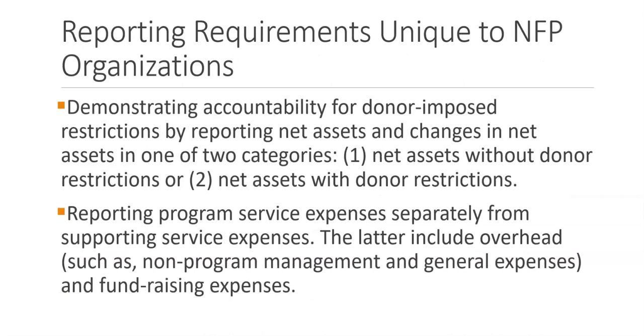They also have to talk about donor-imposed restrictions. So when people donate money to an entity, they can say that it's for general purpose without restrictions, or they can say that it has a donor restriction, such as I decided to donate money and it's only to go to this capital project. So then they have to record that information.